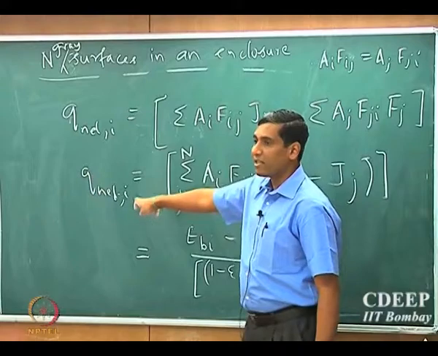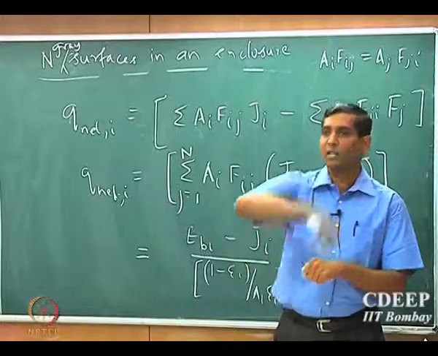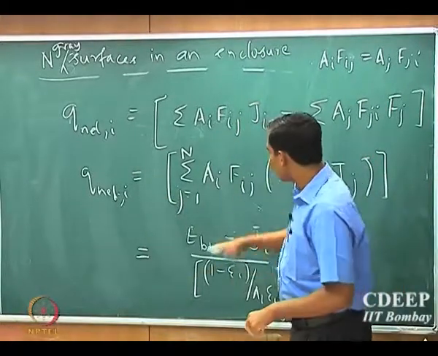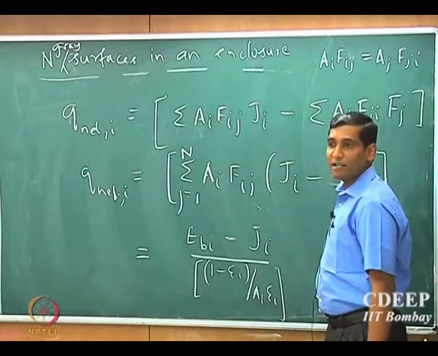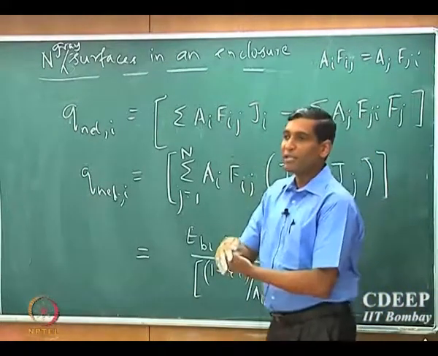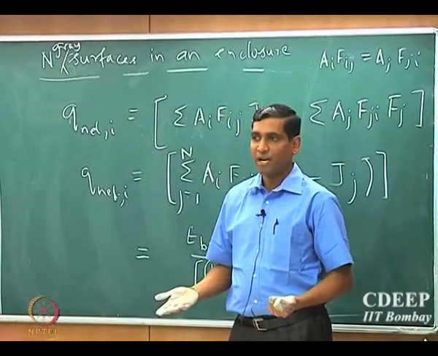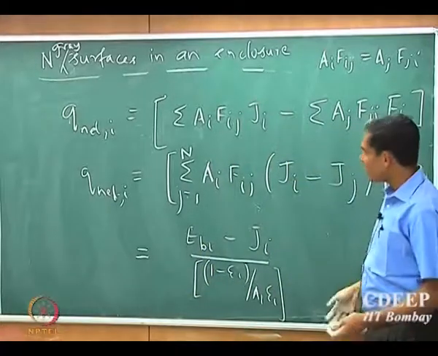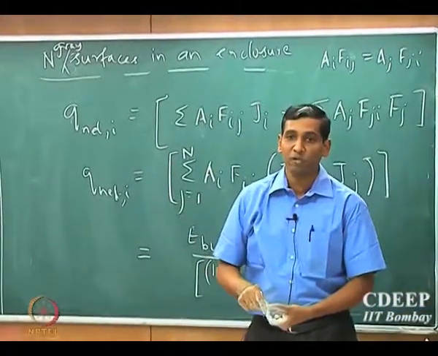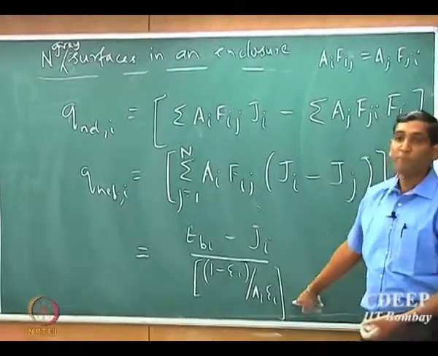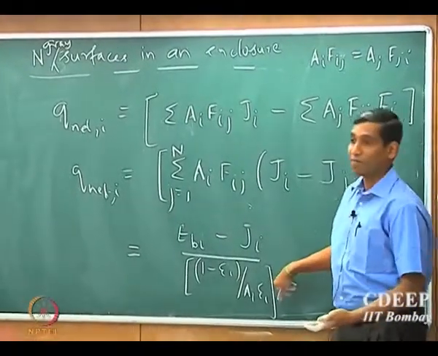So the net radiation exchange between one object and all the other objects, that balance will give you this expression here, and this expression here is where you actually impose the condition that all the surfaces are maintained at an isothermal condition, right. So when you put in all those expressions, you will see that the radiation exchange between individual surfaces in the enclosure can be related to the surface properties of that surface, and that comes from this expression.